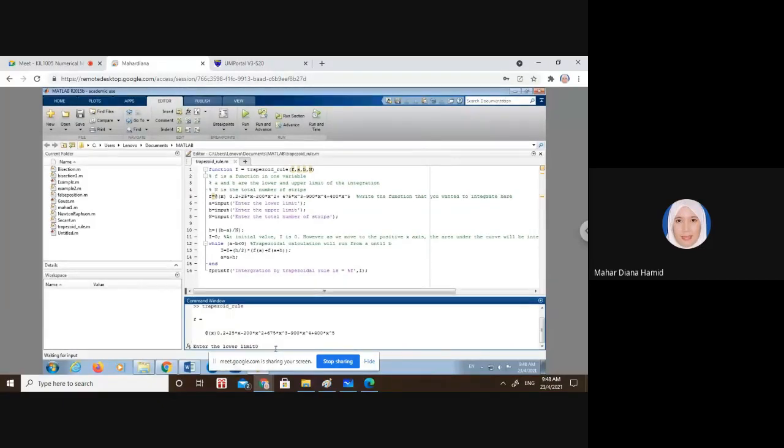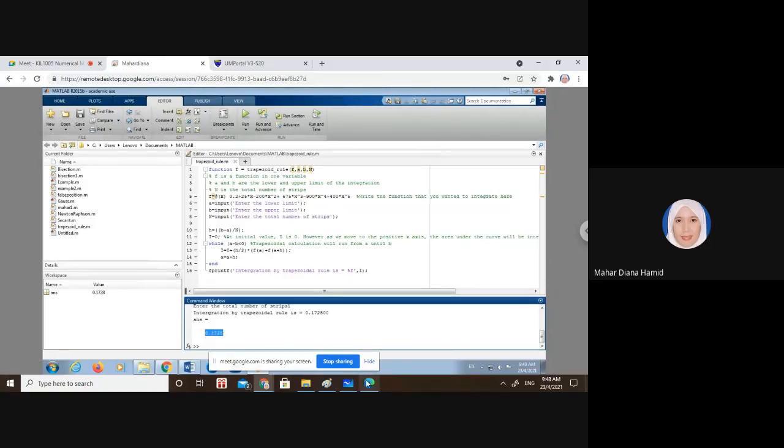The lower limit would be 0, and then the upper limit would be 0.8. And we are going to assume that we only have one segment. So the integration by trapezoidal rule, if we only have one segment, is 0.1728.